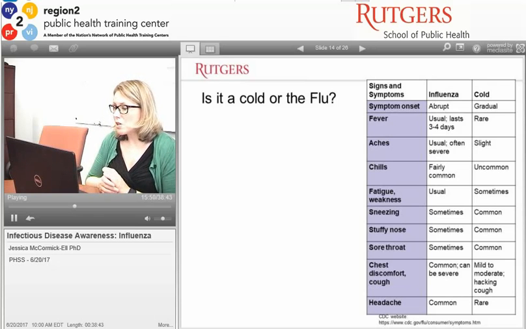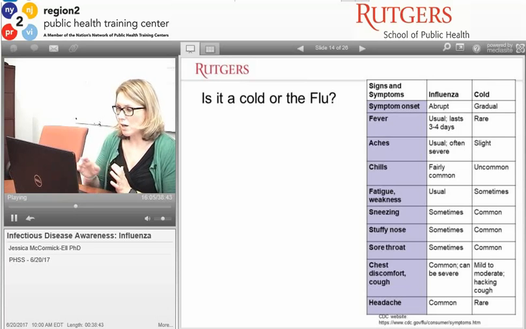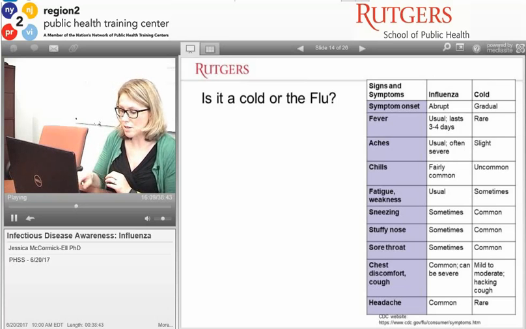The symptom onset, though, with a cold is going to be gradual. Like sometimes you might wake up, your throat is going to hurt a little bit, and then over the next couple of days, your symptoms are going to get worse. With influenza, however, you pretty much wake up and you feel terrible, or the symptoms just come on all very suddenly. And really the only way to tell the difference is to go and be tested.